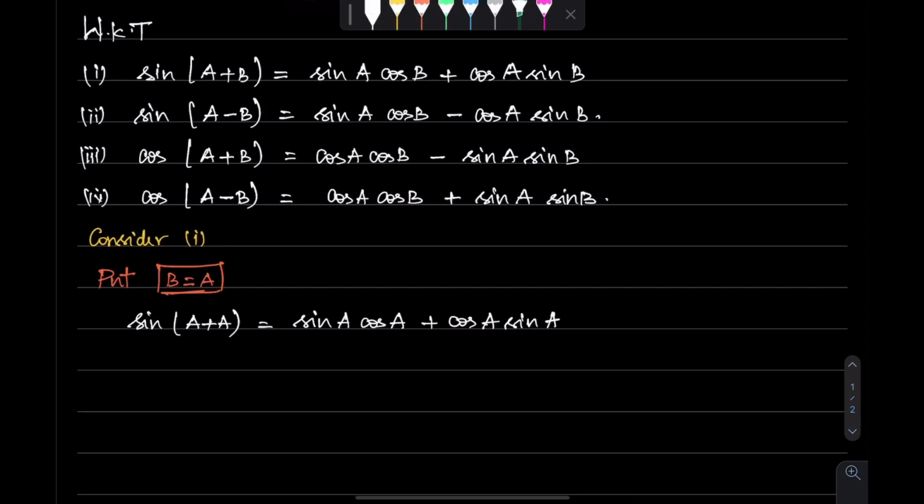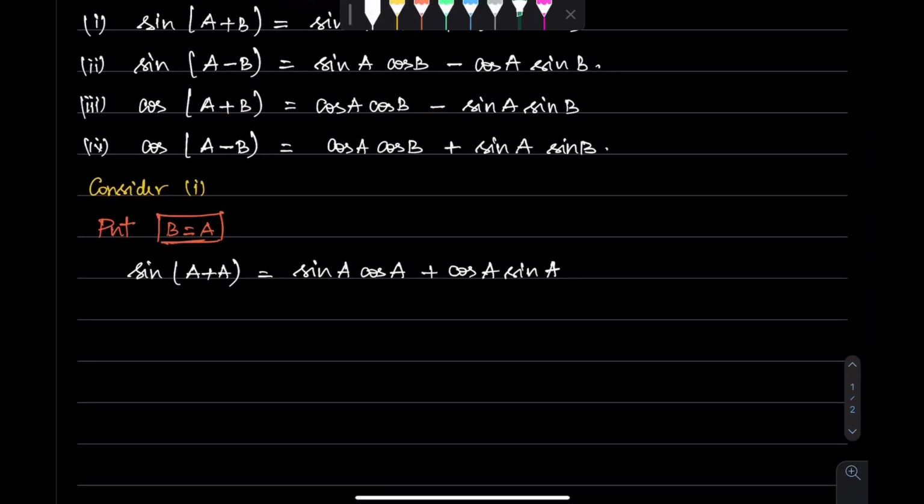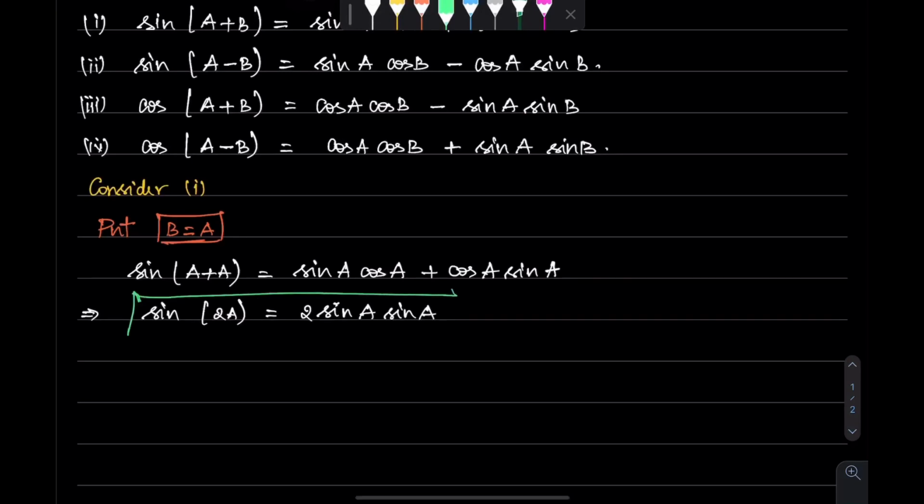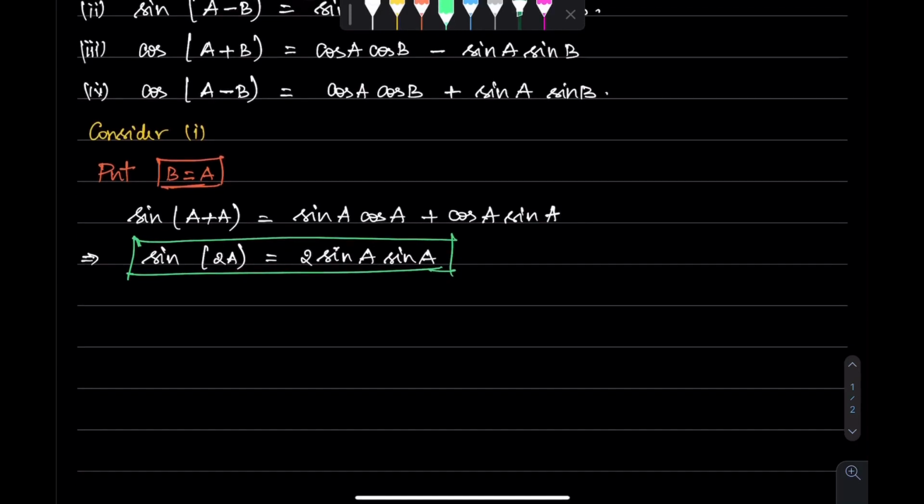Children, now what does this become? Sine of 2a will be equal to 2, because since it's the same, it is 2 sin a cos a. This is one other result, children. So sin 2a is equal to 2 sin a cos a.